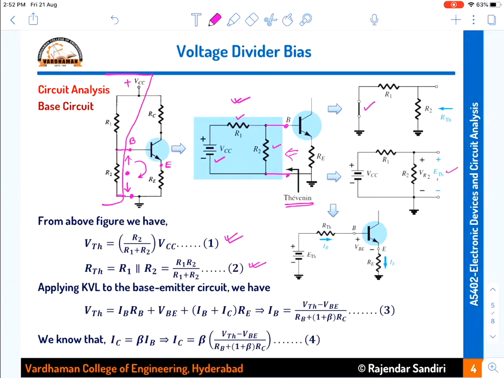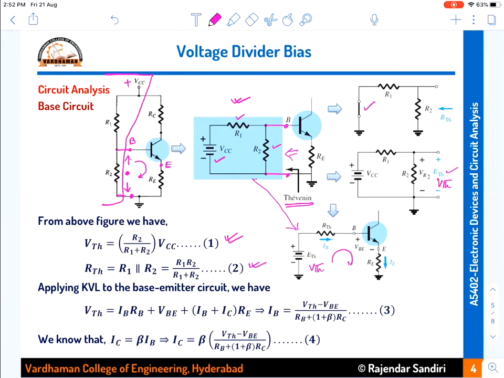E Thevenin and V Thevenin are the same. Now this entire network is replaced by V Thevenin in series with R Thevenin, connected to the base of the transistor circuit.